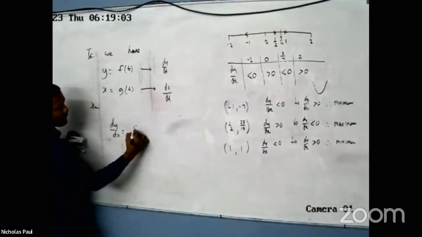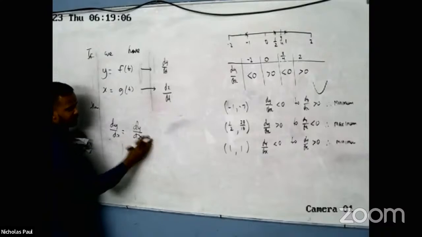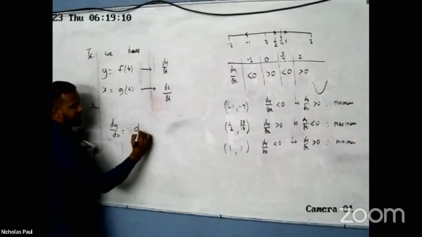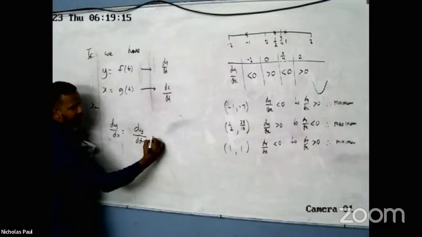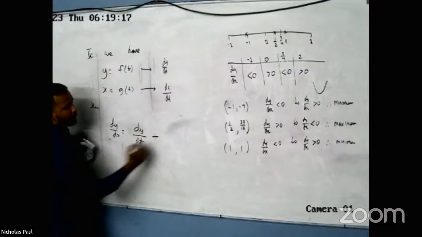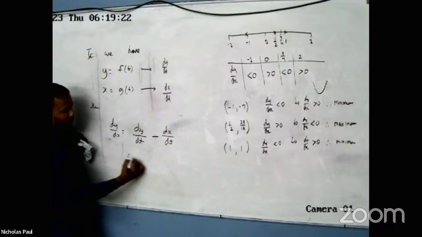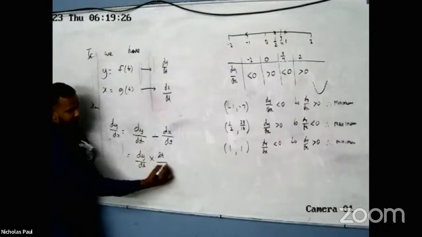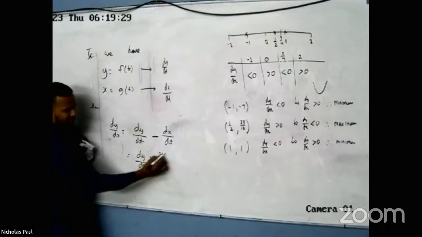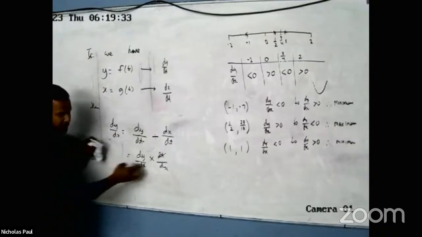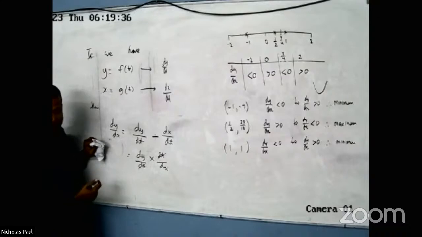So I can say dy/dx is dy/dt divided by dx/dt. We get dy/dt multiplied by dt/dx, kind of like when you use the chain rule. Remember that? Same principle.